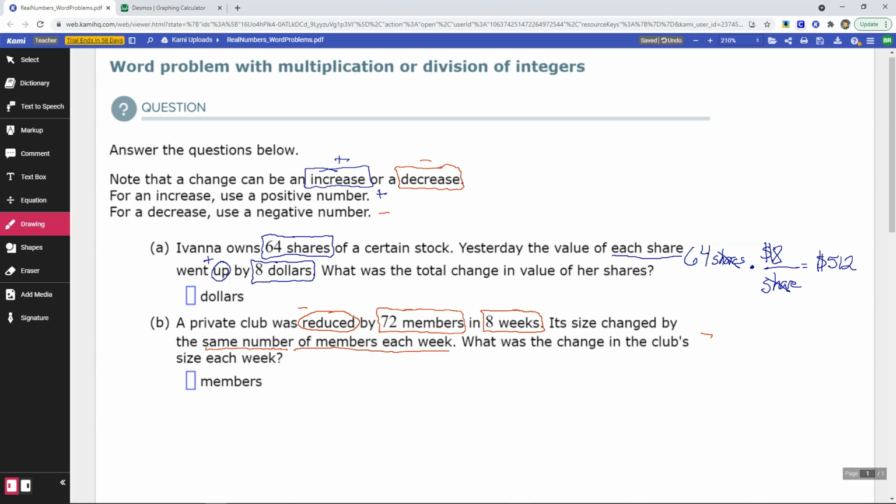So 72 members per 8 weeks means that we're going to have to divide to get the number of members that were reduced per week. So 72 divided by 8 is 9. So that means that it was reduced 9 members per week.